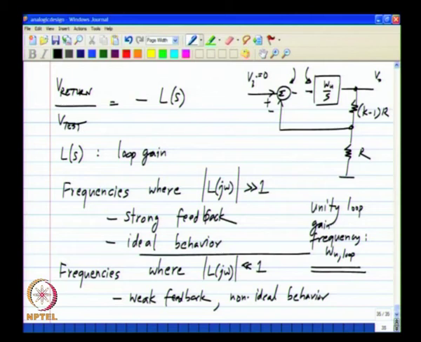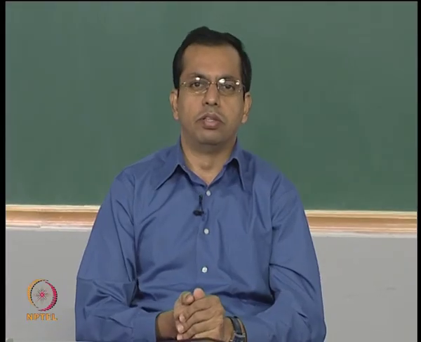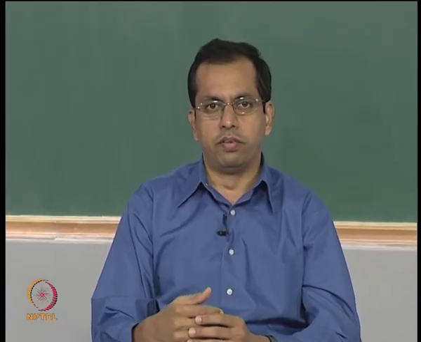So, this omega u loop or the unity loop gain frequency defines the bandwidth of the system in a negative feedback system. Okay. So, to be able to have a large bandwidth, to have a large range of frequencies where the negative feedback system behaves ideally, you need to have a unity loop gain frequency that is very high. This is again a challenge in the design, as we will see later.